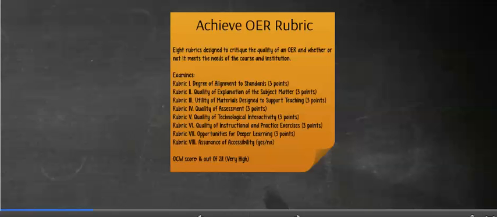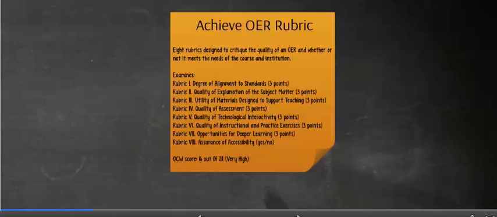There was also another evaluation that I completed on this OCW course, which is the Achieve OER rubric. This Achieve OER rubric essentially is 8 rubrics designed to critique the quality of an OER, or open education resource, and whether or not it meets the needs of the course and institution.